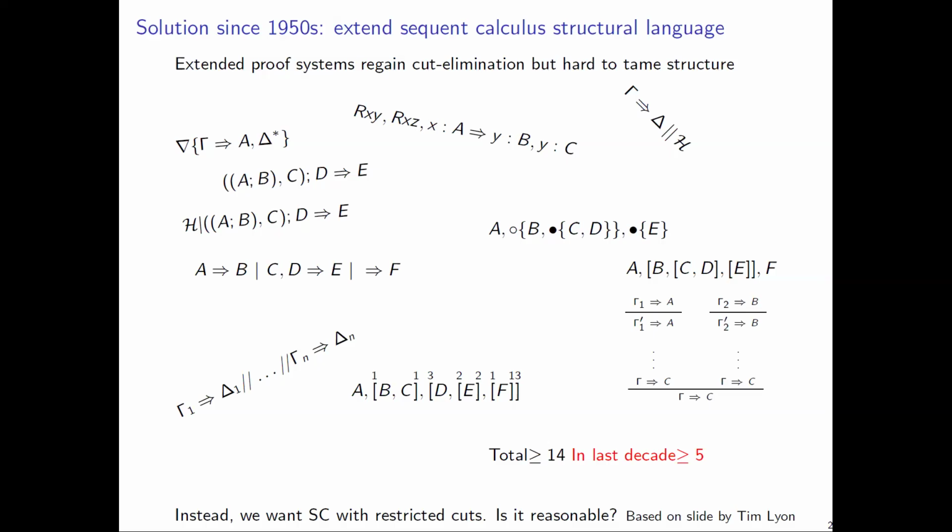And then since the 1950s, since the 1960s, one of the responses, and I would say the dominant response, if you look back at this literature, was to extend the proof systems, say the sequent calculus, with extra structure to be able to prove cut elimination. So already you can see in a paper by Mints in Russian from the mid-1960s, there is essentially a hypersequent calculus there to handle S5.